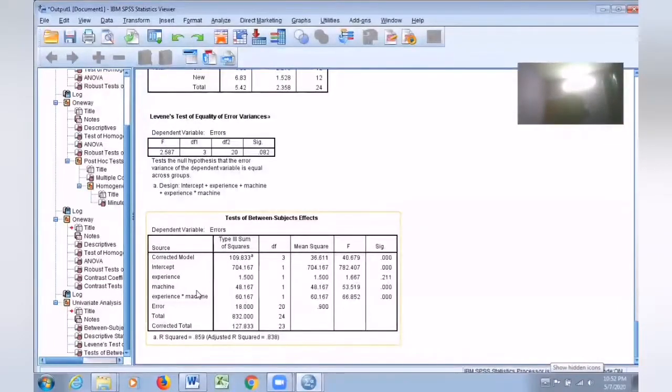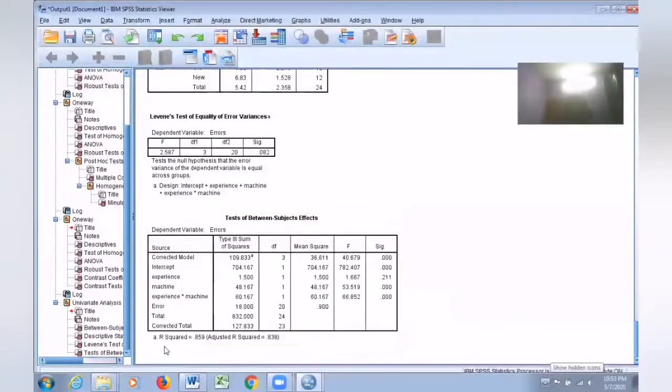Here you can understand that when experience and machine come together, there is a significant impact because the sig value is 0.000. And here you can understand that the error value denotes the part which cannot be accounted for. We cannot explain it. But our variables, both individually and combined, are able to explain this much variability in the data.